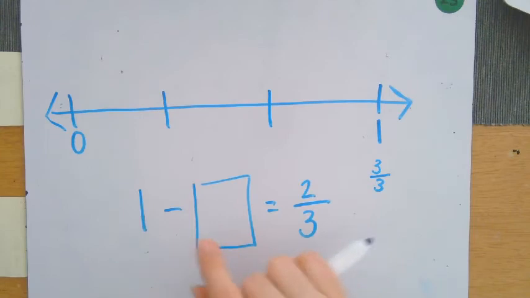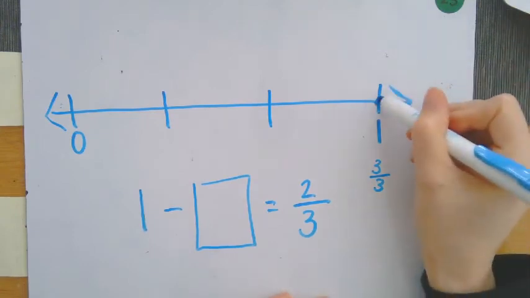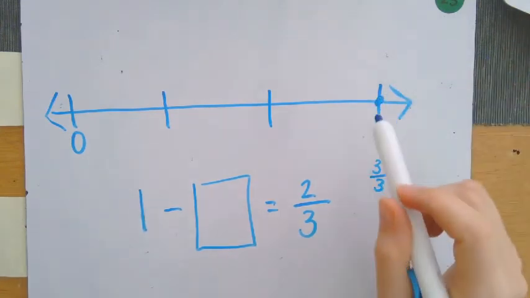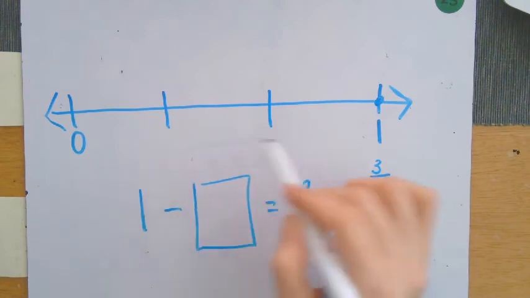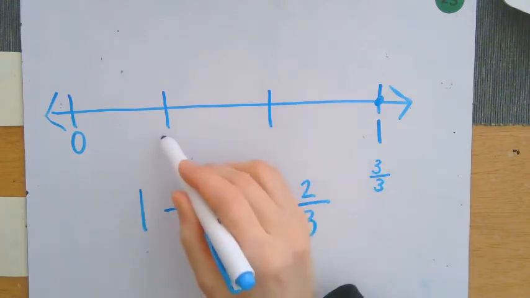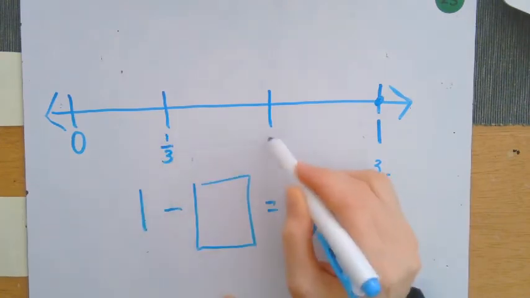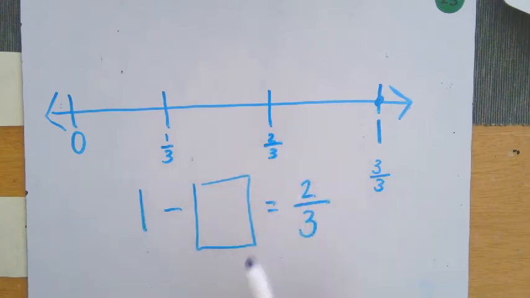Okay? All right, so because this is now working on subtraction, we're going to start with our whole number, our greatest number here. And you can put in the points of the fractions. Pretty smart to do, so you can see that really quickly.